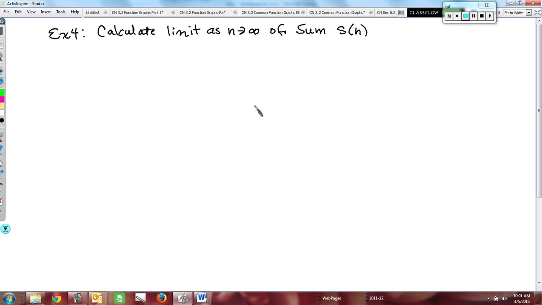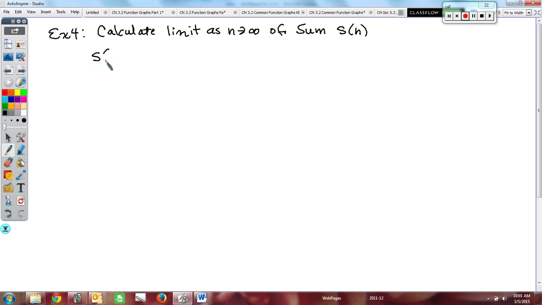Suppose that we've already calculated a sum using those closed form formulas, and it is 64 over n cubed times n plus 1 times 2n plus 1 over 6. So I have a sigma that I have already eliminated using the closed formulas, and I've created a formula for the sum that no longer has sigma in it.